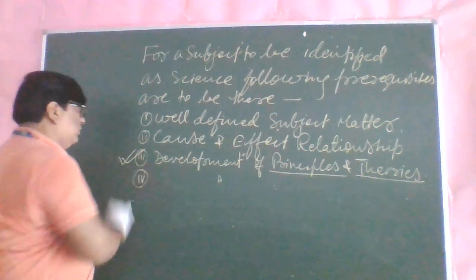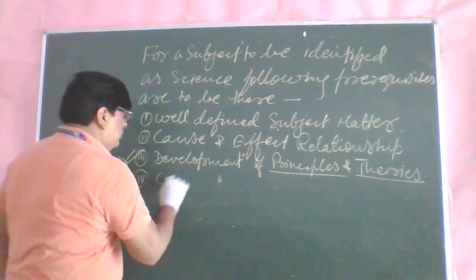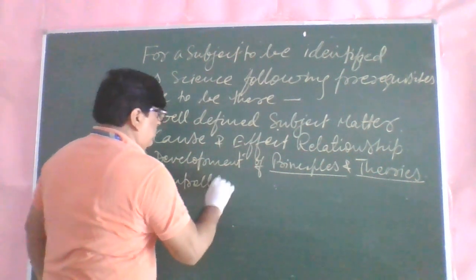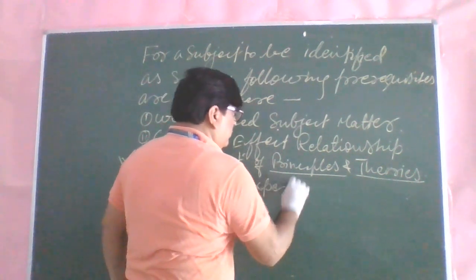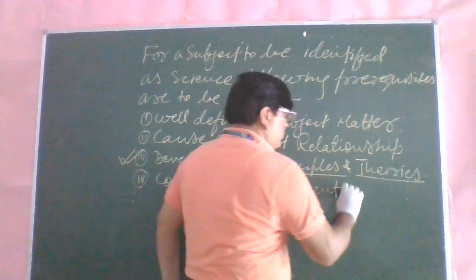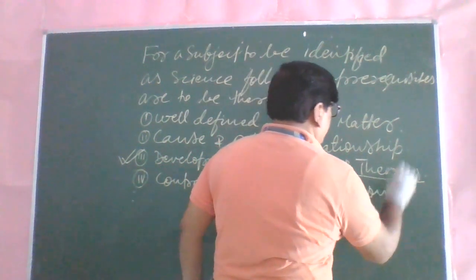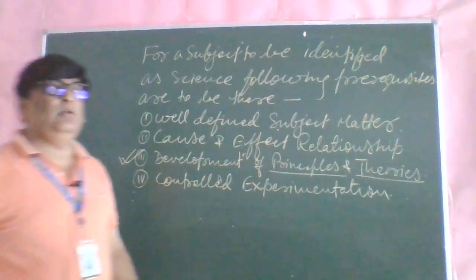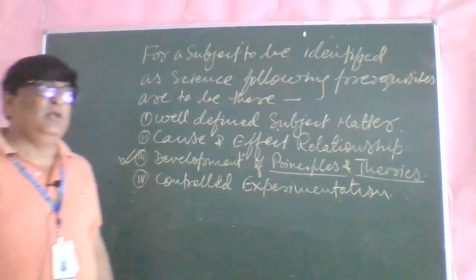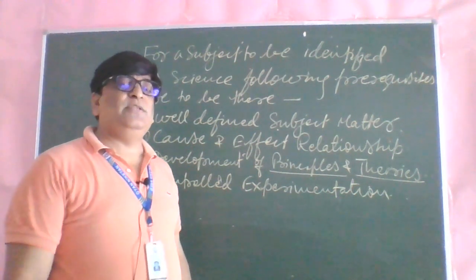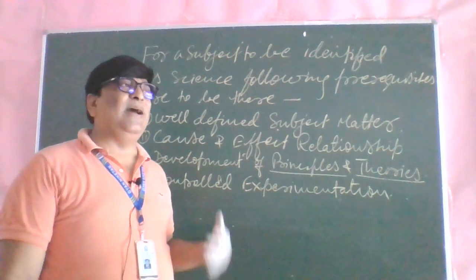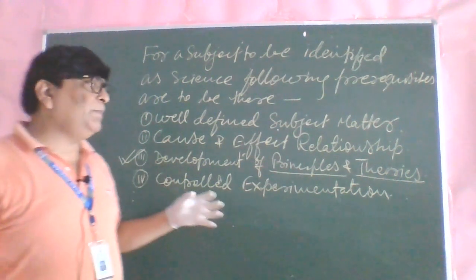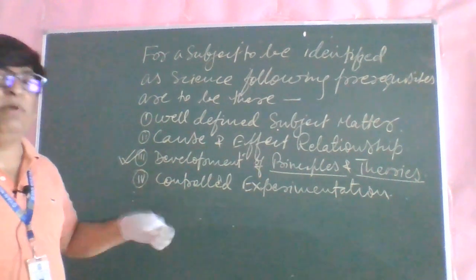Then, controlled experimentation. Controlled experimentation means that in science, various theories and principles are developed, judged and verified in a completely controlled environment.